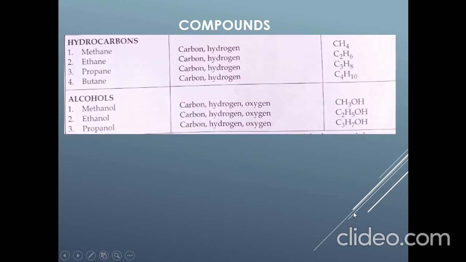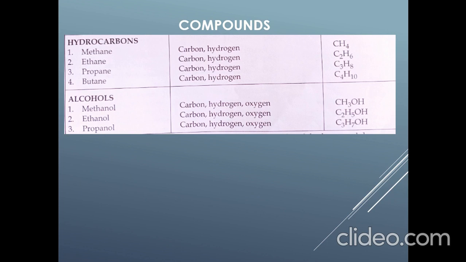Now next, let us understand about hydrocarbons. What are hydrocarbons? The name itself tells that hydrocarbon consists of carbon and hydrogen. Here are 4 examples. Methane, CH4.